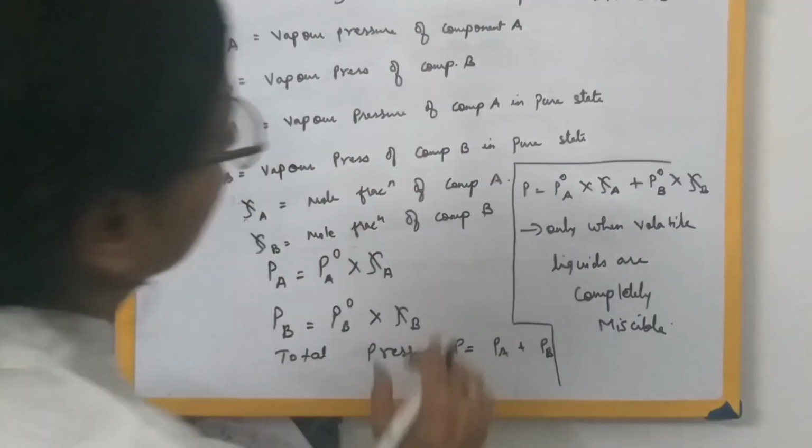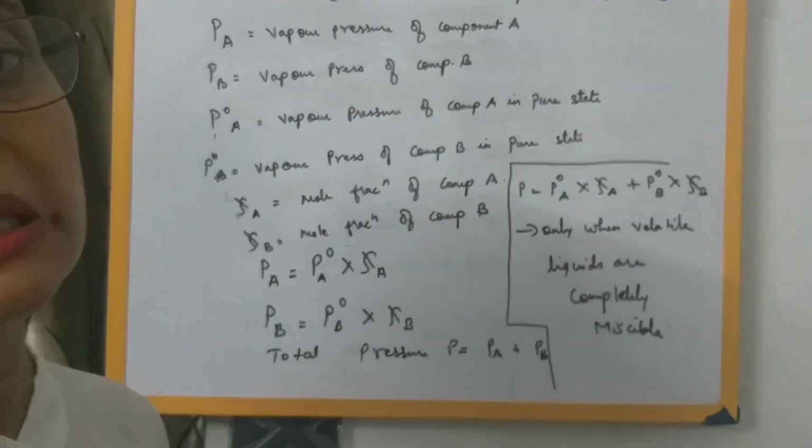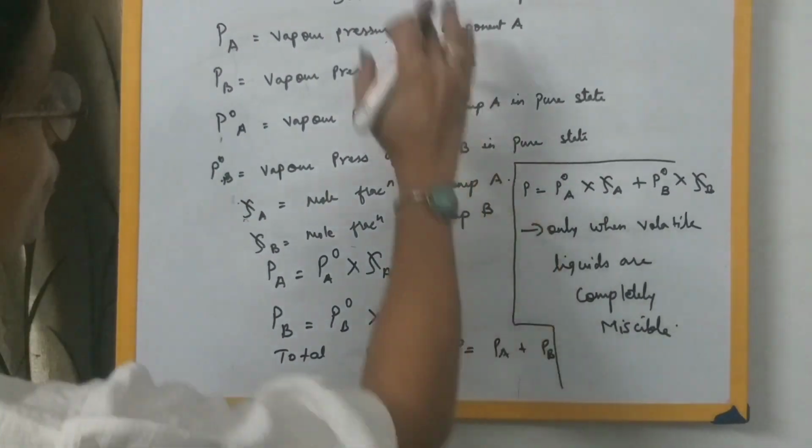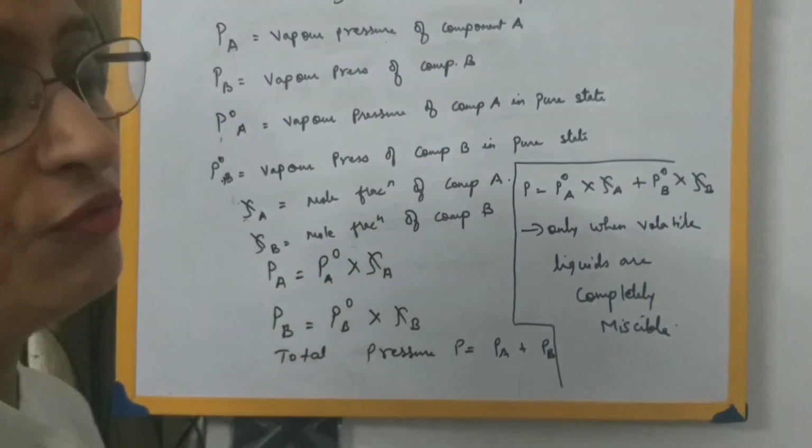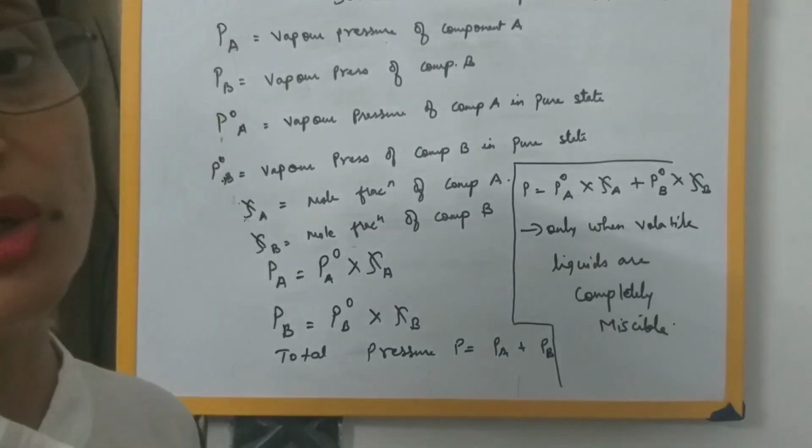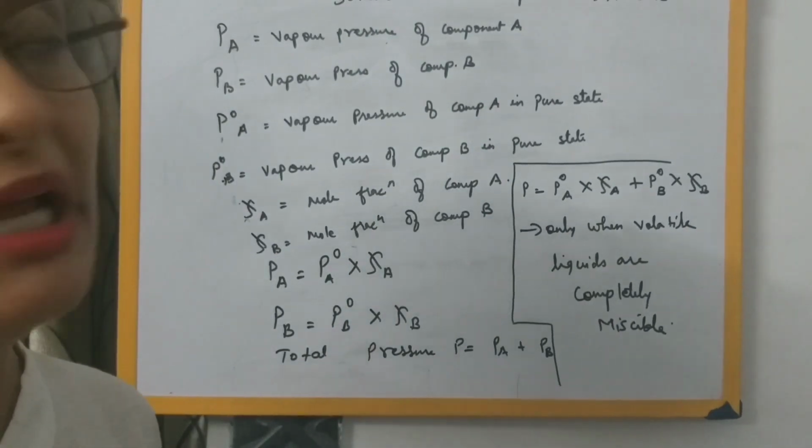If these liquids are not completely miscible, then this law will not be applicable. So with this we complete Raoult's law for the volatile liquids or the solutions containing the volatile solvents.